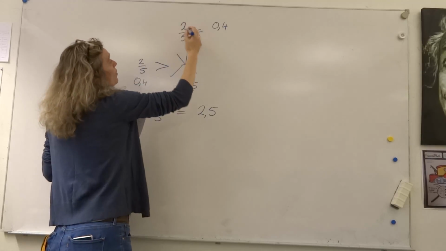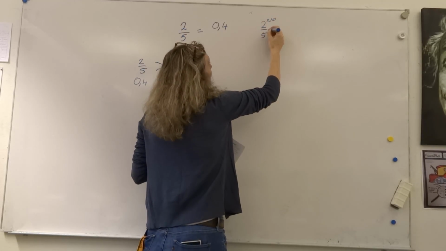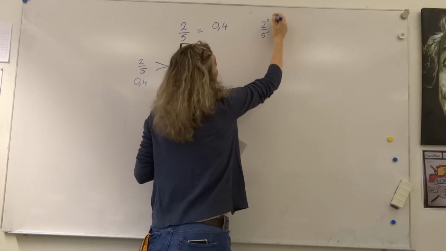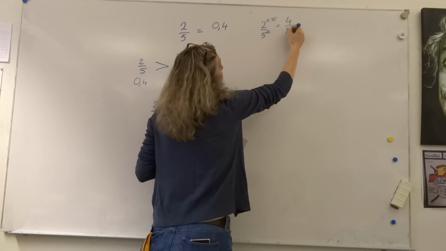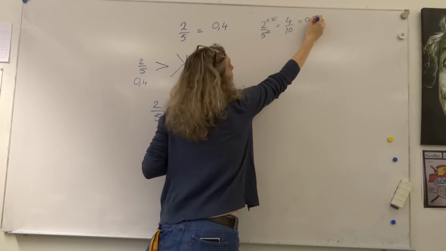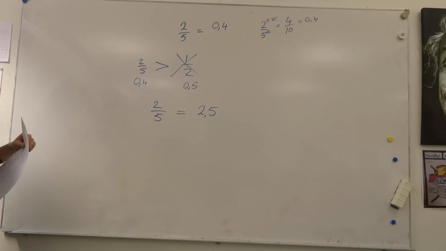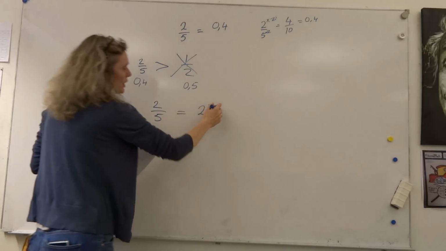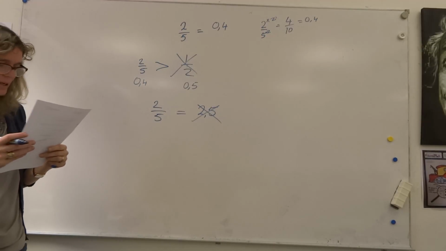We could also multiply 2/5 top and bottom by 2 instead. And that would give us 4/10, which we know is also 0.4. So whichever way you do it, there are all these different ways of converting a fraction to a decimal. So absolutely not, it's got nothing to do with 2.5. That would be scary if we thought that.